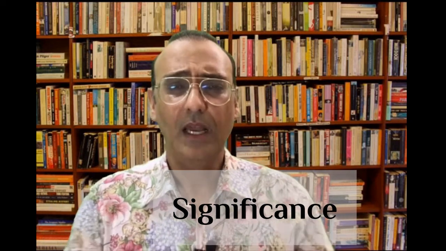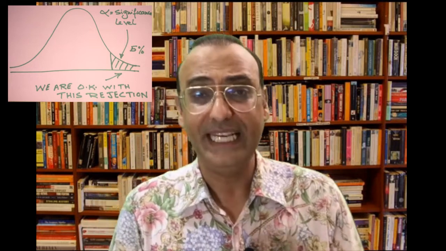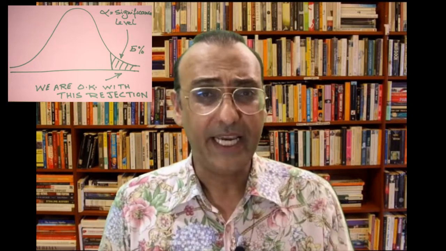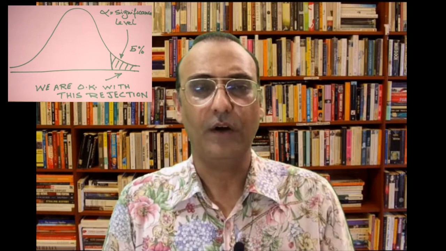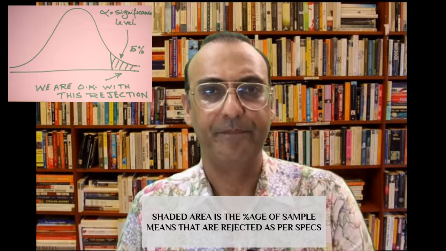Now, what is level of significance? Level of significance normally in the industry is taken as 5%, which means that we are okay with 5% of the sample means coming under the rejection area, right?